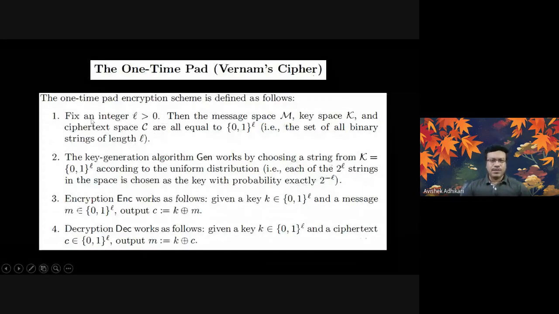Let's have a look at it formally. Fix an integer L greater than 0. Then the message space M, the key space K, and the ciphertext space C are all equal to {0,1}^L. Why?